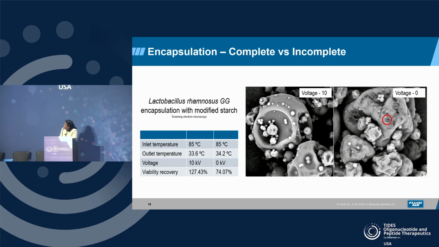On the right, you see when we use electrostatic drying with simple sugar, the bacteria ended up on the surface of the particle, thus being exposed to the outlet temperatures. There was dead bacteria on that surface, so the recovery was lower. When we applied voltage, all the bacteria was pushed to the inside, so thus protected. There was higher viability recovered and more shelf life.